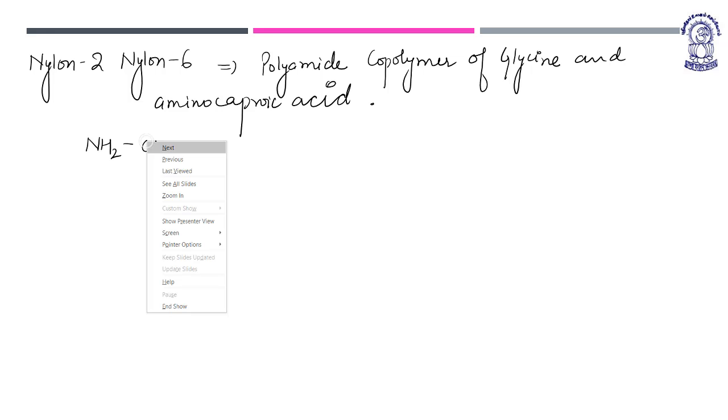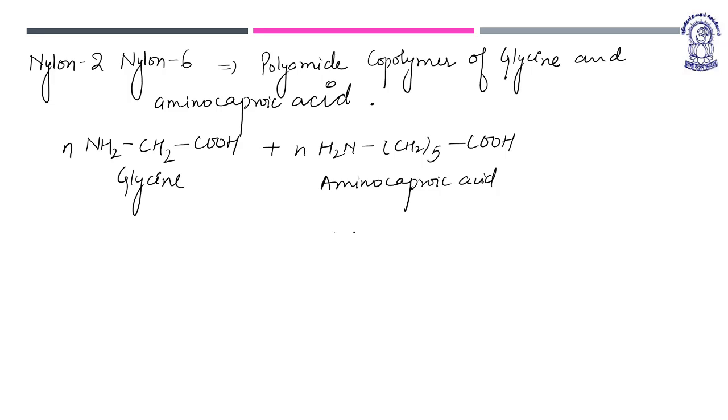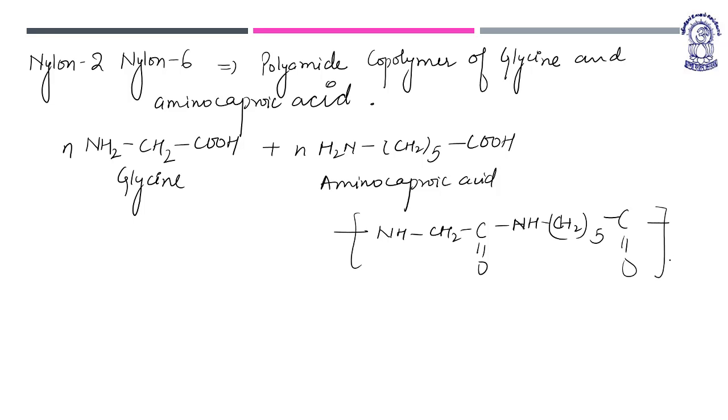Glycine is the simplest amino acid. This is aminocaproic acid.